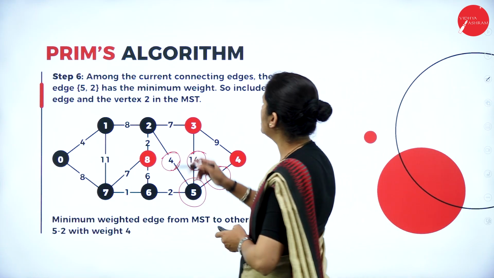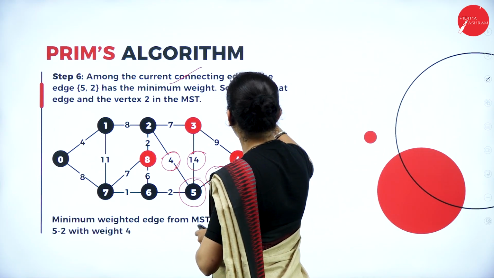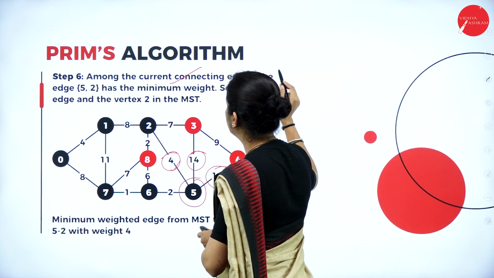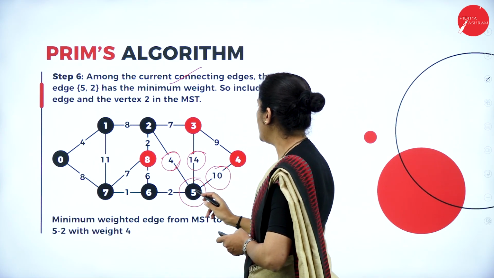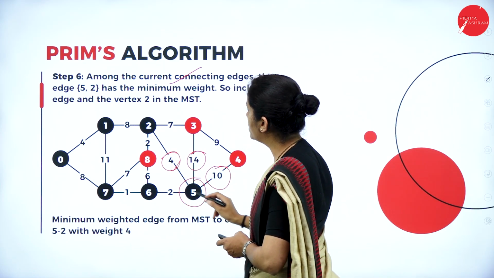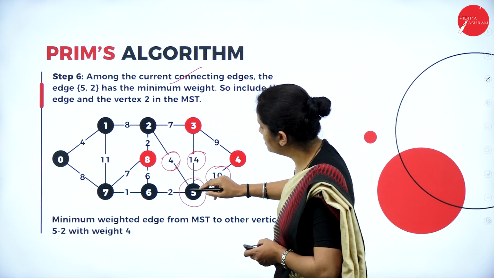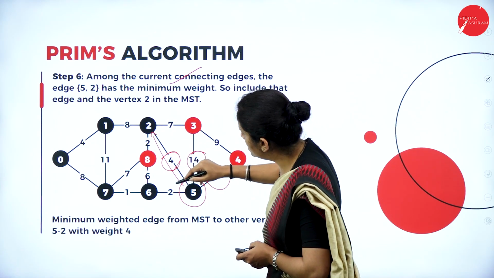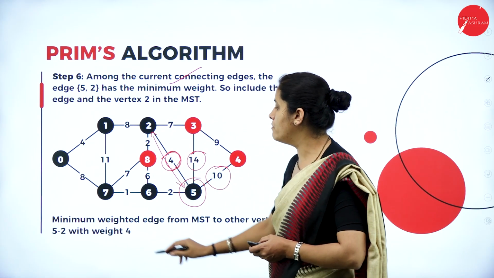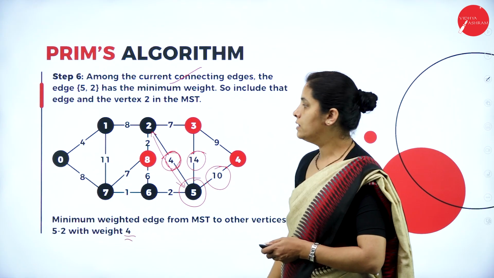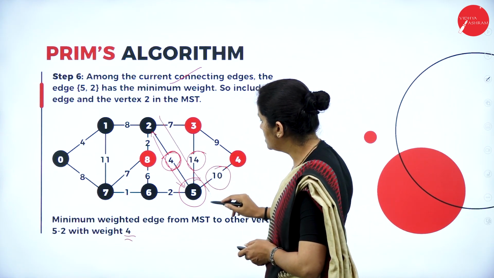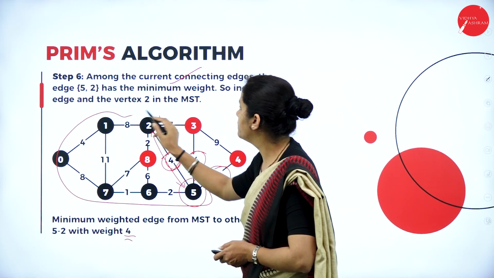So among the current connecting edges, I'm going to connect 5 and 2 with the minimum weight 4. Now this much is my spanning tree.